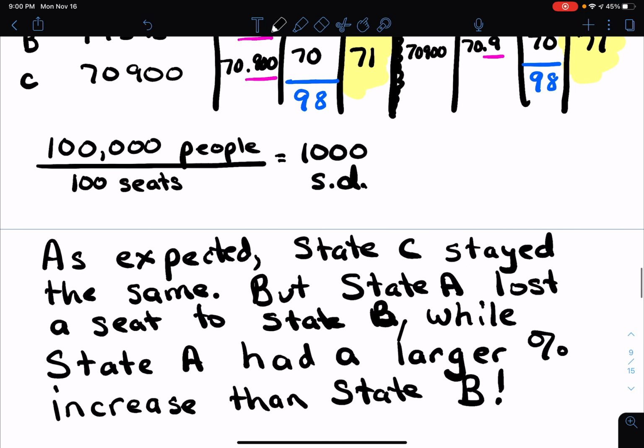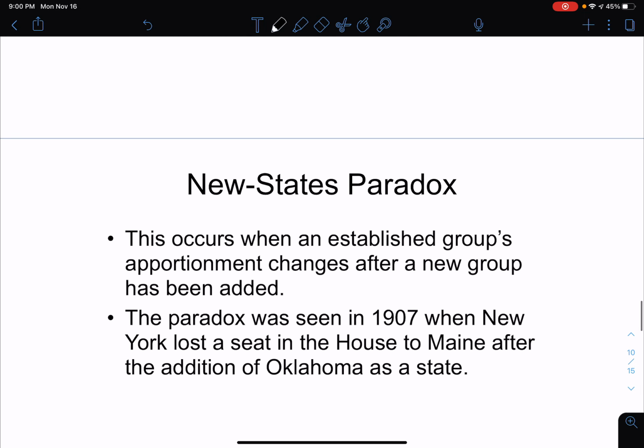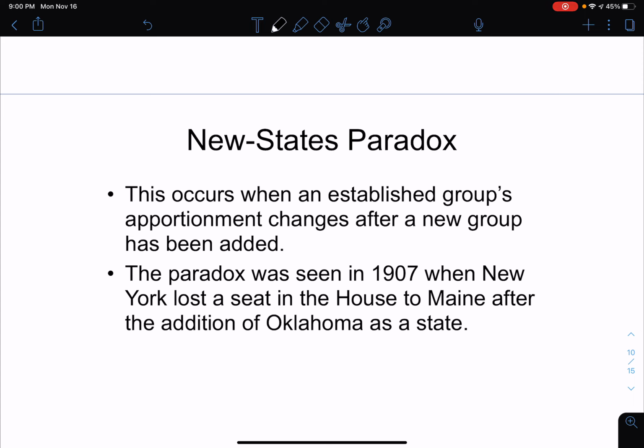Pretty wild, isn't it? All right, one more. New states paradox. This occurs when an established group's apportionment changes after a new group has been added. The paradox was seen in 1907 when New York lost a seat in the House to Maine after the addition of Oklahoma as a state. So you've got these two states sitting here minding their own business. We add a new state out in the Midwest, called Oklahoma. You expect we're going to need to increase our number of representatives so that Oklahoma gets some.